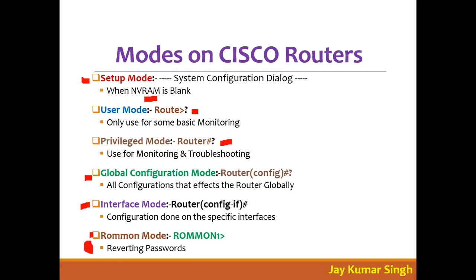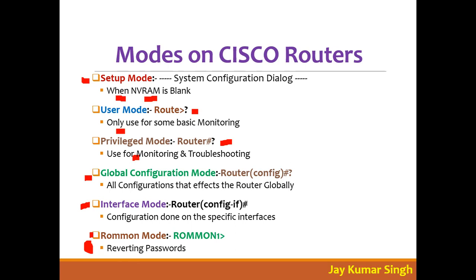You get setup mode when the NVRAM is blank, empty, with no configuration. User mode is used for basic monitoring and troubleshooting, not for configuration. Privilege mode is used for monitoring and troubleshooting.